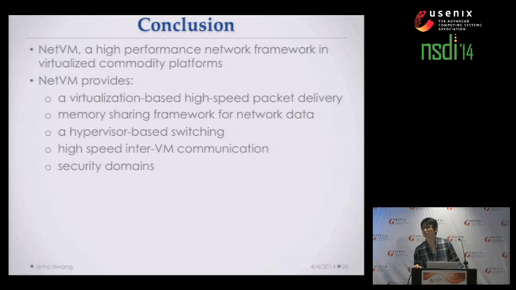So I know the reality, but this is a question about the programming model. People are so accustomed to using the socket interface to program networking, and if you move to that area, it's a completely different world. So do you have any perspective on that? I think the beauty of the previous work you mentioned, NetMap, is that you can use a very socket-like interface to program it, right?